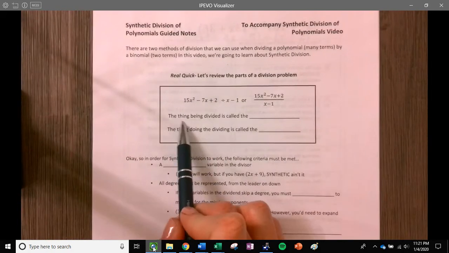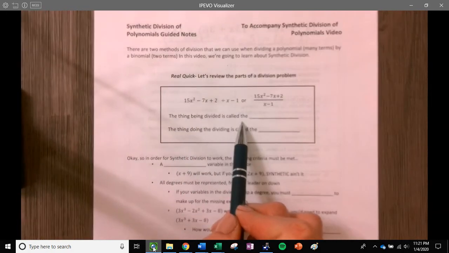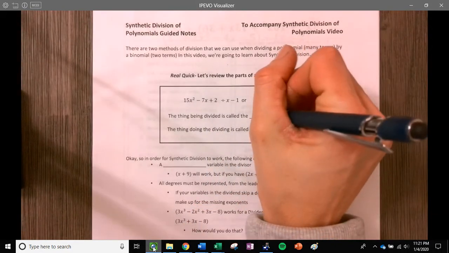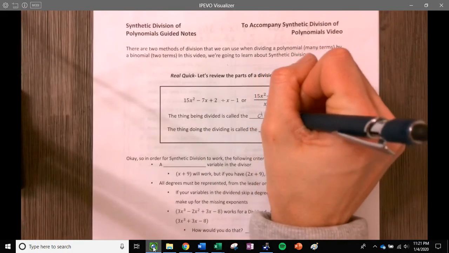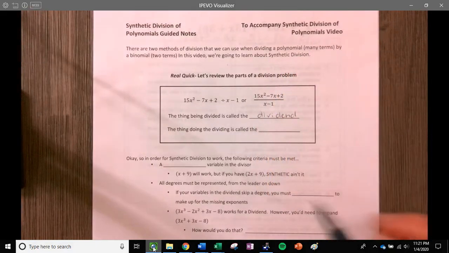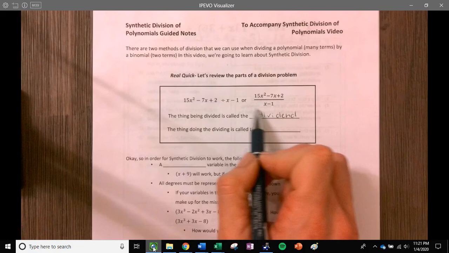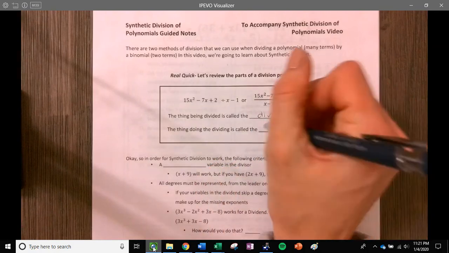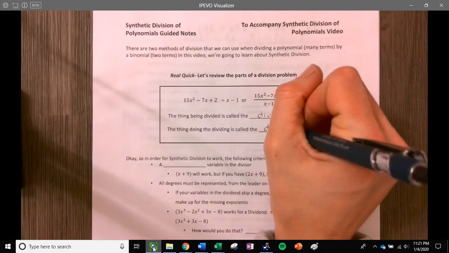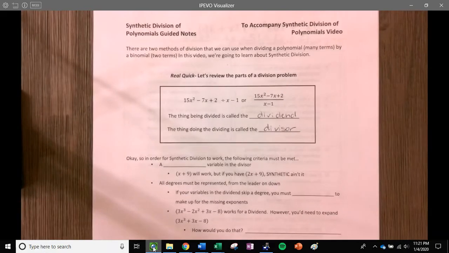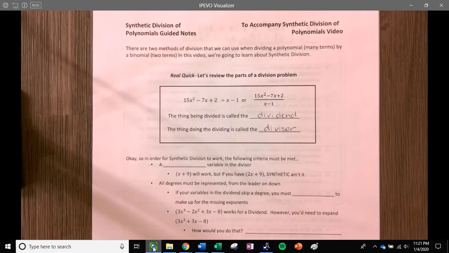So the thing being divided, or the big part, is called the dividend. Okay? And then the thing doing the dividing, the little part, the thing you're trying to put into the big part, is the divisor. Makes sense, right? Divisor is the thing that is being divided into the dividend.